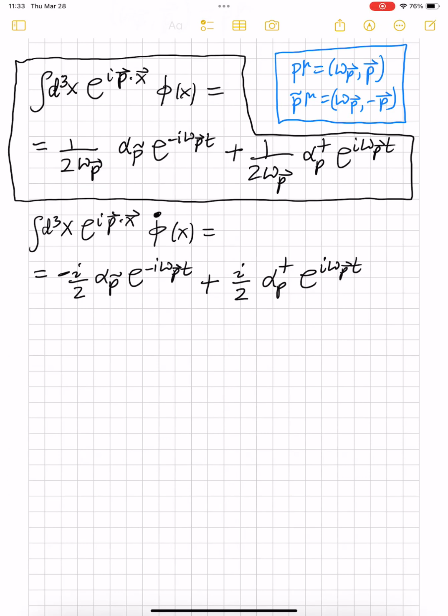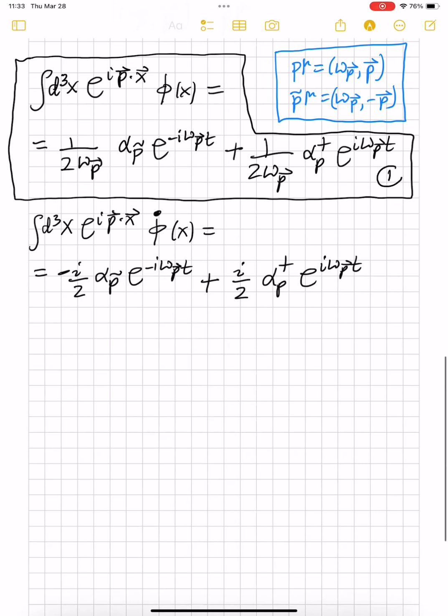So let's call this equation 1, and let's call the second equation equation 2. If I take, so I want to take omega p times equation 1 minus I times equation 2.